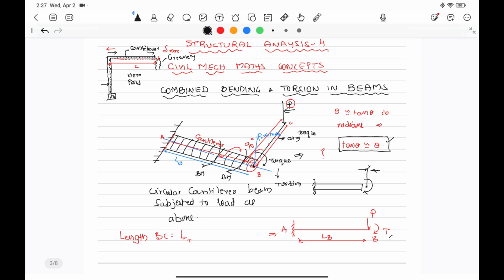This is the torque which is effective because of the lever arm BC temporarily fixed to the cross-sectional center of the circular cantilever beam, fixed at the other end A. This is the torque T. Now, is there any bending applied here? Just to see, the geometry is like this.